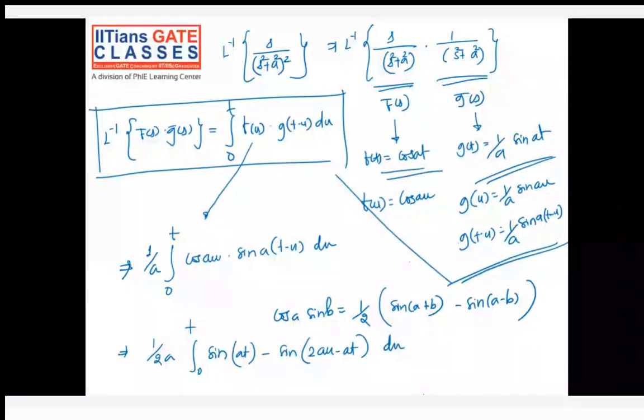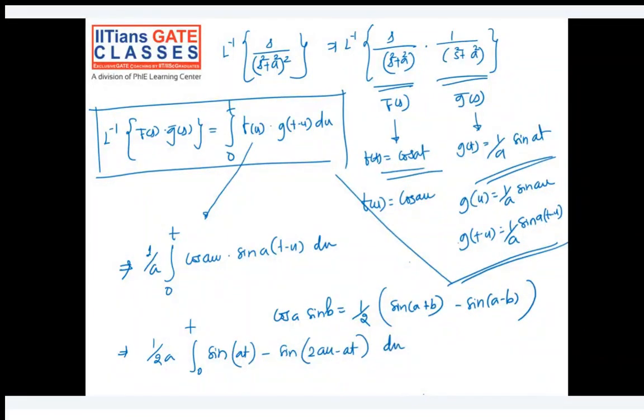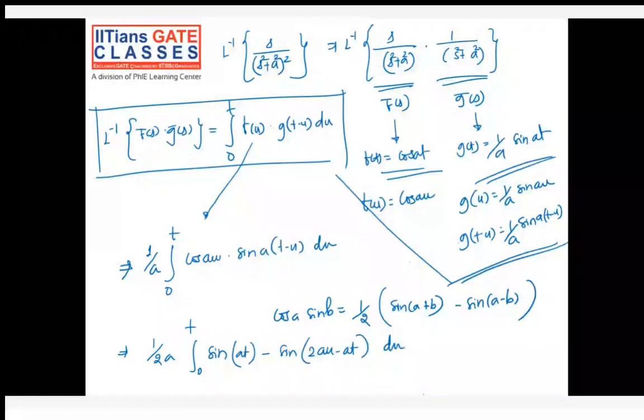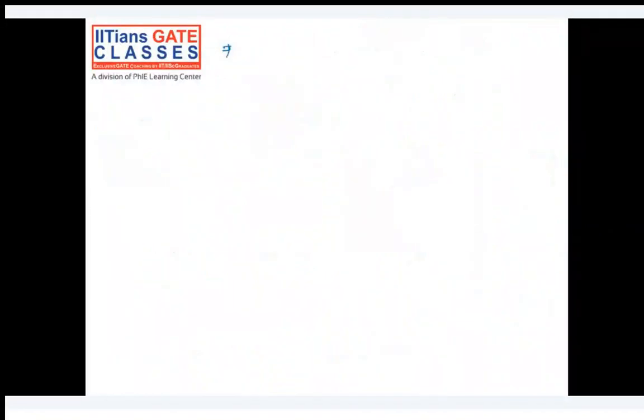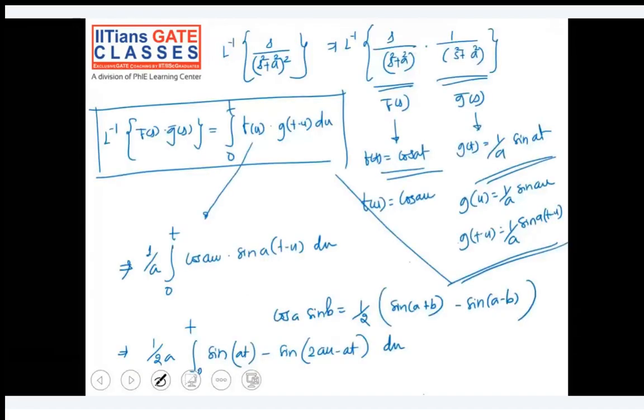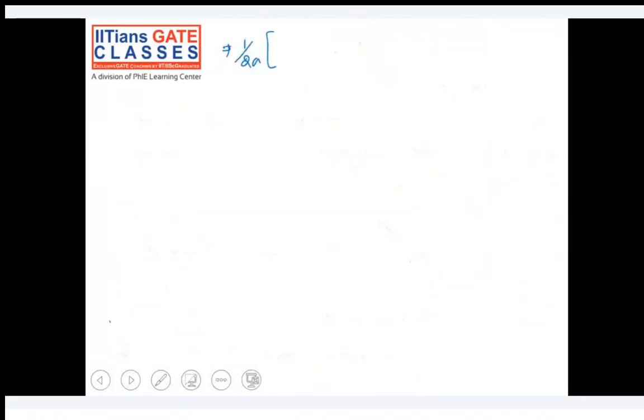So this is what you will get, and now you can do the integration of it. 1 upon 2a as it is. Integration of sine of at with respect to u is sine of at as it is, integration of du is u.